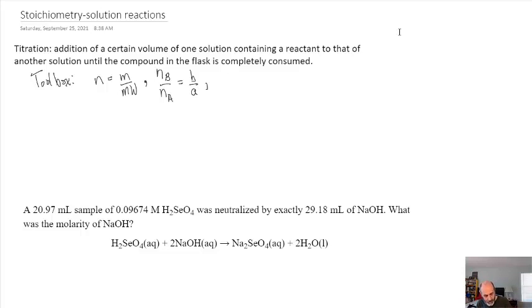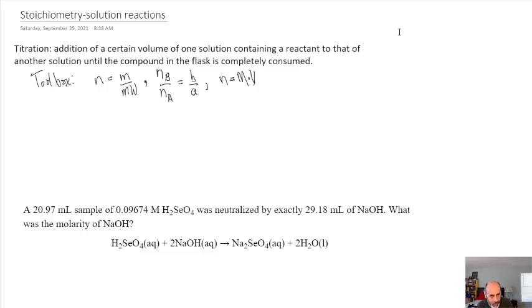And then finally, the third item that we'll use here, these two we've covered before, the first two. Now for solutions, we recognize that the molarity times the volume is the number of moles. So we're going to use those two.